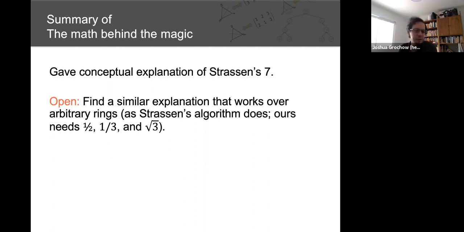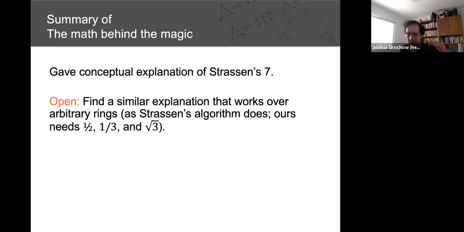Ours only works over rings where you can divide by 2 and divide by 3. So one question is: is there a similarly nice explanation, with some nice mathematical object, that generalizes and works over arbitrary rings? How could you tell, for example, from our explanation that there's some change of basis that makes all the coordinates plus or minus 1? That's not obvious to me.